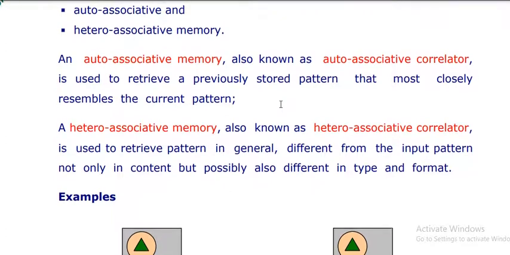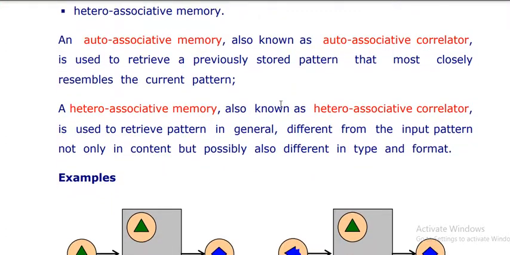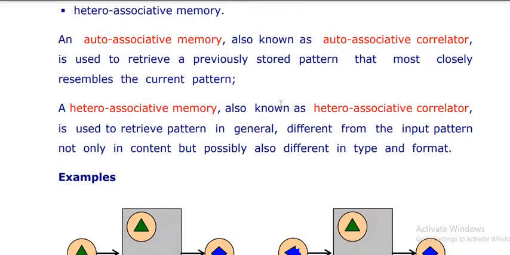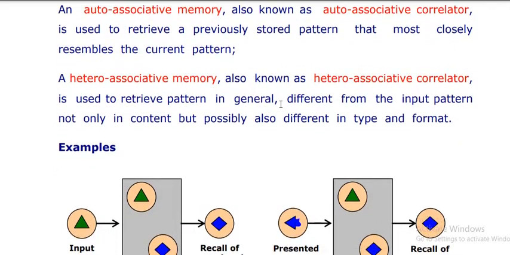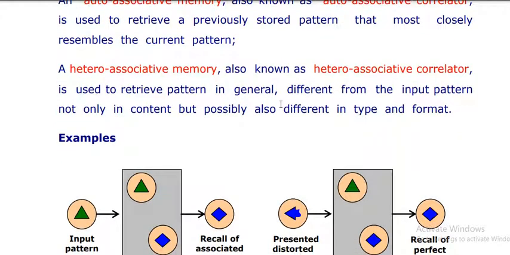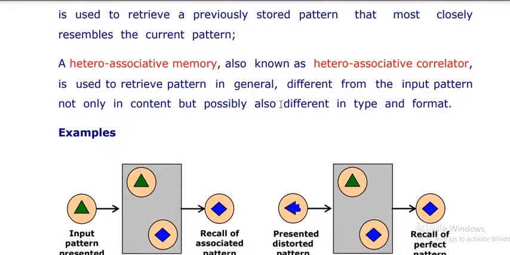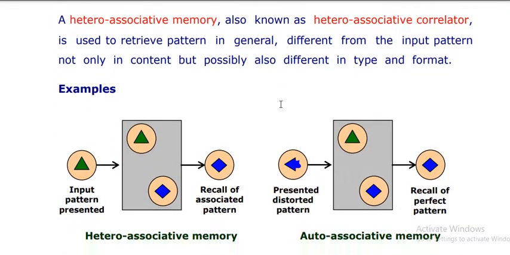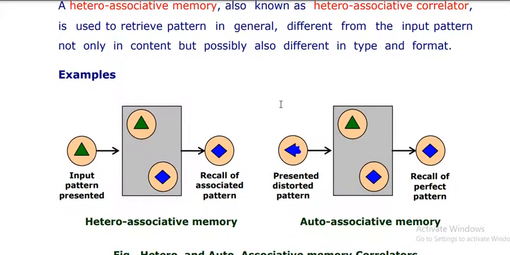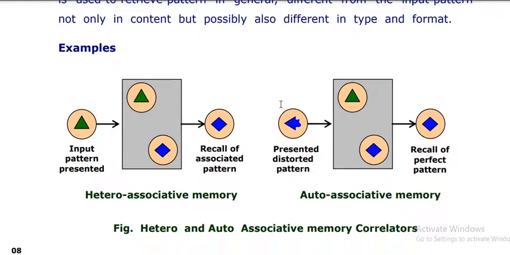A hetero-associative memory, also known as a hetero-associative correlator, is used to retrieve a pattern in general different from the input pattern, not only in content but possibly also different in time, type and format.